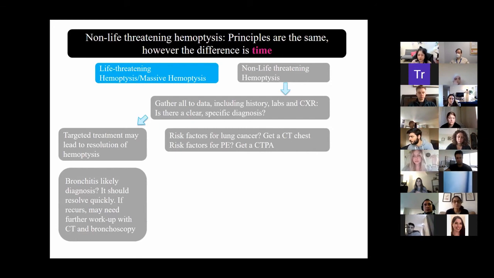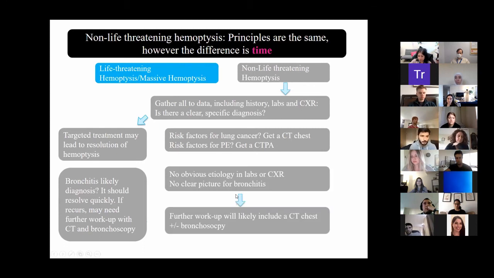Typically it's viral, so they don't need antibiotics, but if they need inhalers because there's an underlying airways issue, it should resolve quickly in those patients. If it recurs, then you may need to really consider working them up further with a CT and eventually a bronchoscopy. And again, if they have risk factors for lung cancer, you're going to get a CT anyway with this first episode.